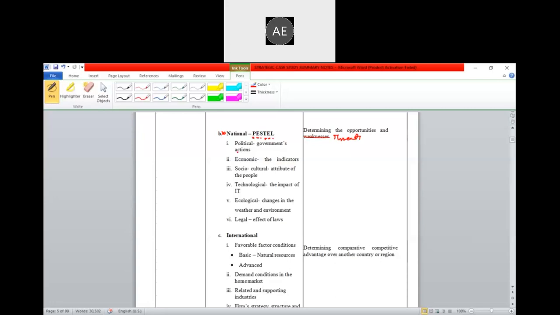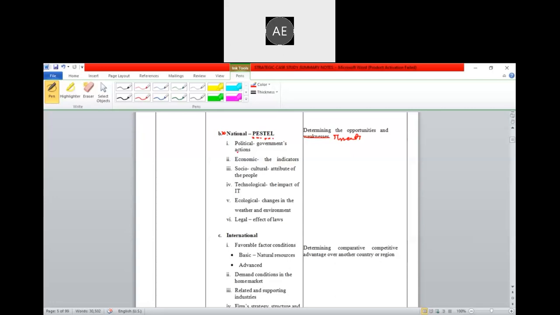For instance, an entity is into selling, let me take an example that you can understand very well. So the organization is selling products for the aged.